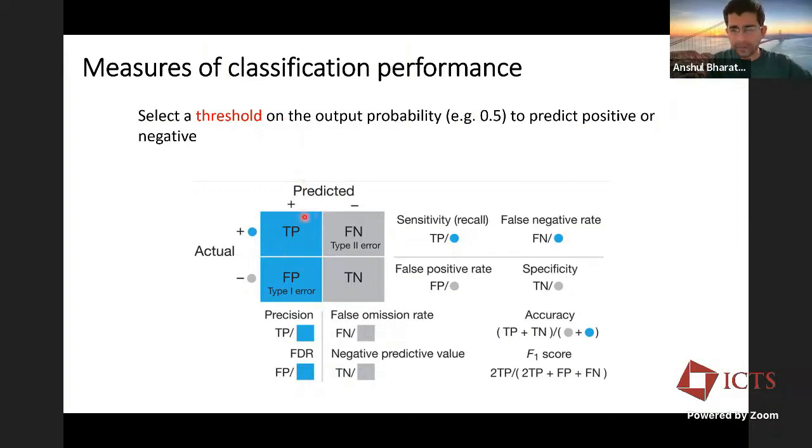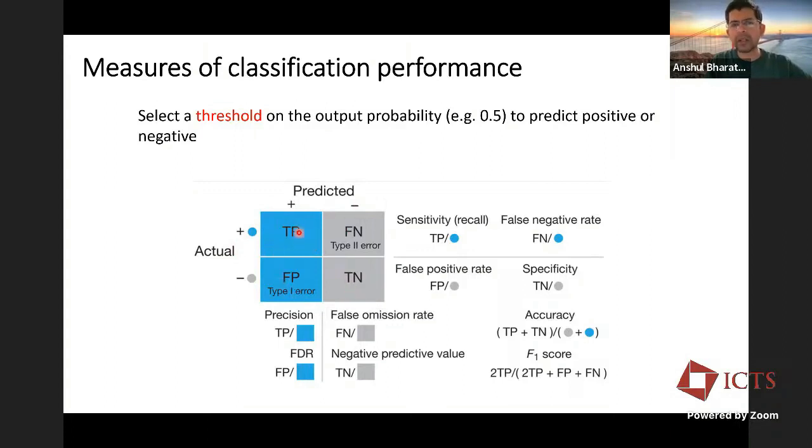And so let's say I pick a threshold of 0.5, right? The model is predicting values between 0 and 1. So let's say I put a threshold of 0.5, and I say if it's greater than 0.5, I'll predict positive. If it's less than 0.5, I'll predict negative. So now I have some threshold, and I can create a contingency table where I have actual labels and predicted labels, right? Actual labels on this axis, predicted labels on this axis.